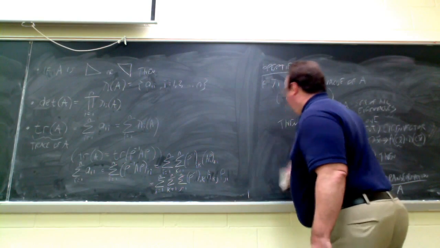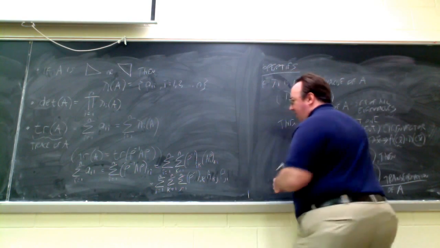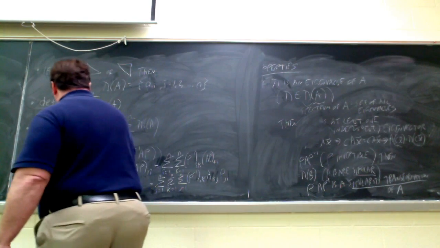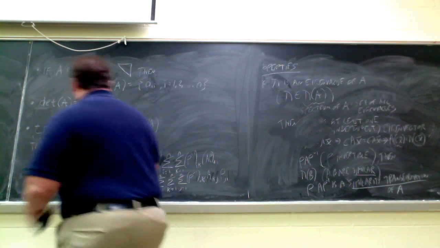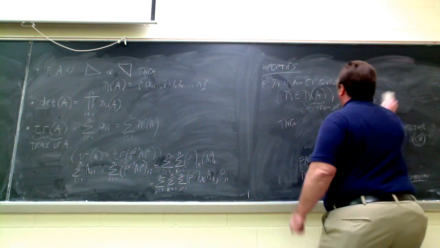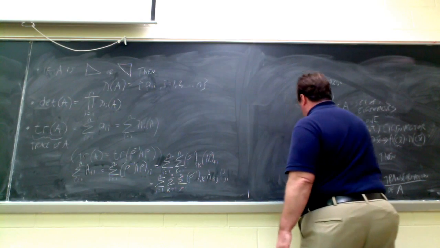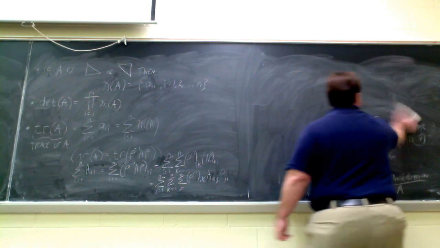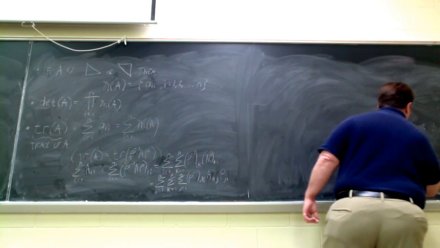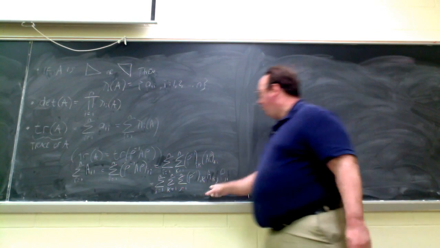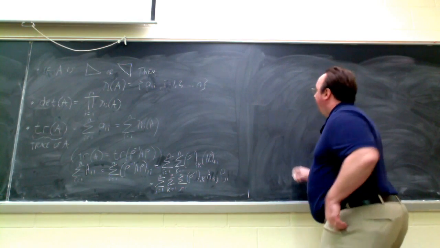Okay. So now at least I have some expression, and I'm going to make this capital as well, because they are the same thing. All right. So now I have something involving the entries of A on both sides of the equation.